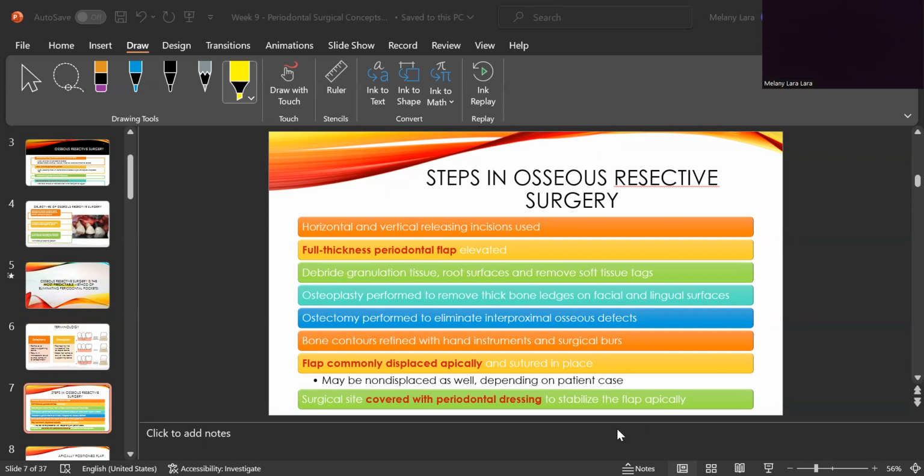Okay. Now, the other thing with this is because we're displacing the flap, we want to do what we can to make sure that the flap stays in place. Because as patients talk, they breathe, the sutures can kind of pull and everything can move around. So what the surgeon will do, hygienists can do this as well, is they'll place a periodontal dressing and we'll remove it.